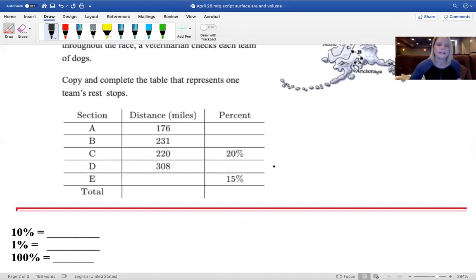And as you're copying this on your paper, I'm just going to go through a couple things we know and obviously what we don't know. And I'm actually going to fill in something we do know even though it's not written. We know this equals 100%, so I could fill this in.